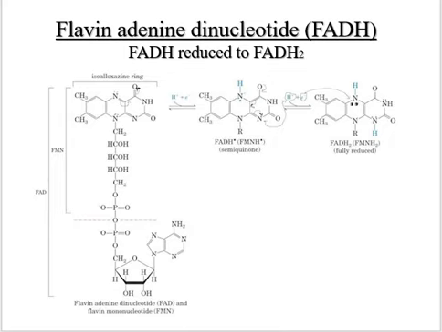Same concept holds for the other electron carrier or high energy molecule that is created by cellular respiration. This one being flavin adenine dinucleotide, or FAD or FADH2, depending on the form that we're looking at. So there are 2 forms. You have FAD and FADH2. Some people will just refer to this as FAD.